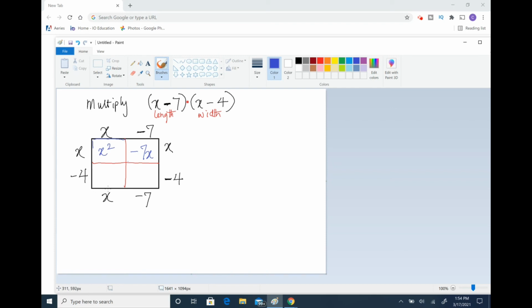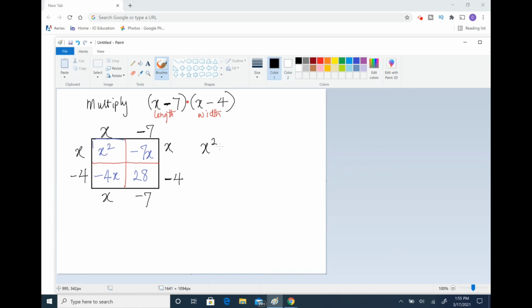My length here is x, and my width is negative 4, which gives me negative 4x when you multiply them. And then for the last one, you multiply negative 7 as your length times negative 4 as your width, which gives you positive 28. Now we're just going to go ahead and add up everything for our final answer.